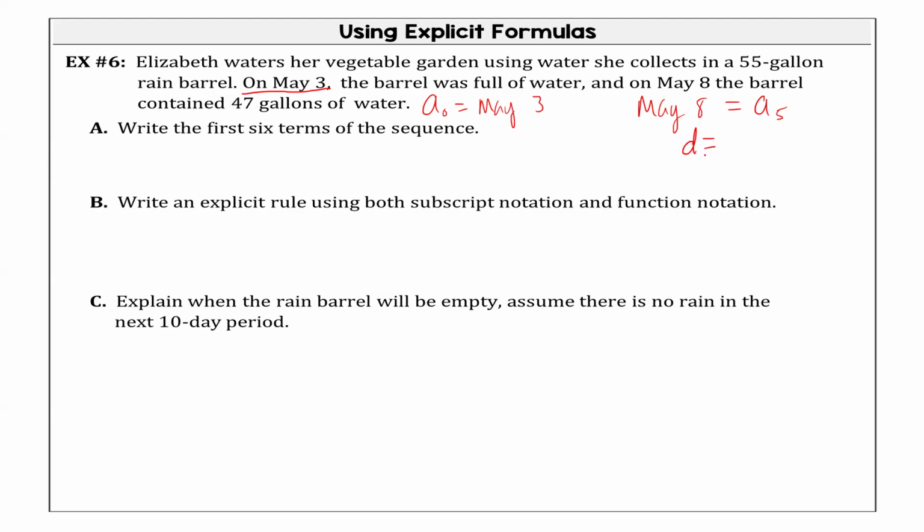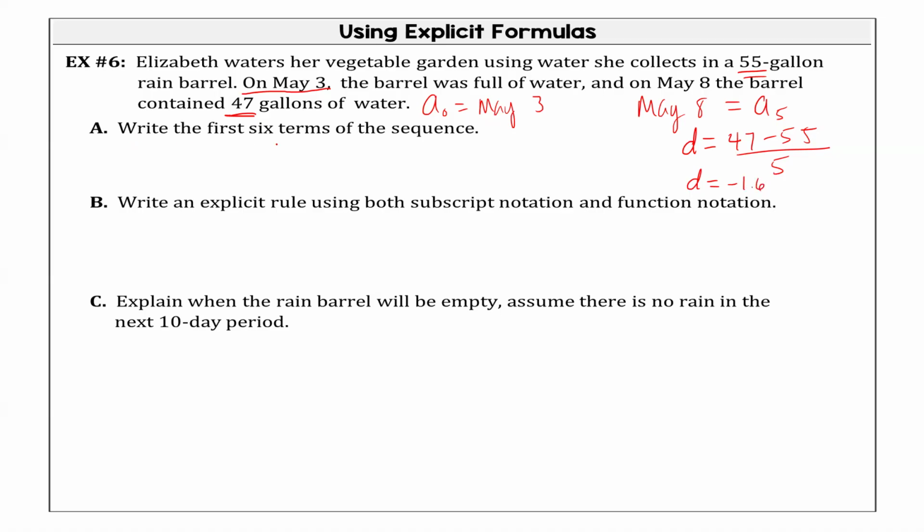So our D is going to equal our 47 minus our 55 over how many days? 5 days. What do we get when we find our D? Anyone with a calculator? It's negative 8 over 5, which equals negative 1.6. There we go. It's going to be a negative 1.6.